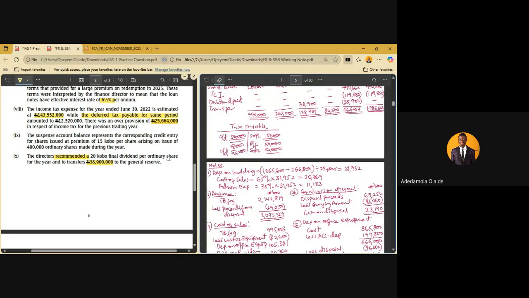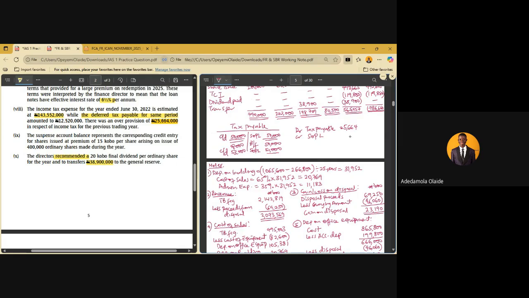So the double entry they should have passed for this over provision should be to debit the tax payable account with 25,664 and credit SOPL with the 25,664.